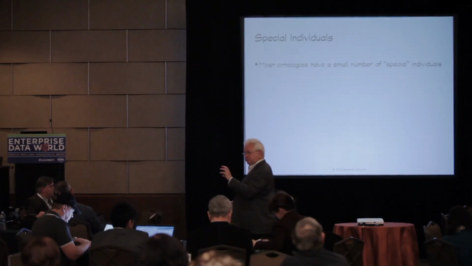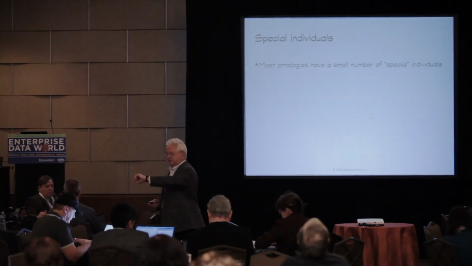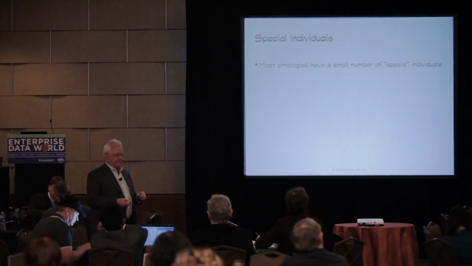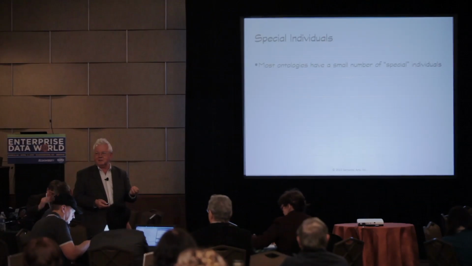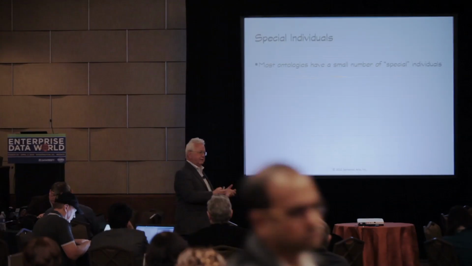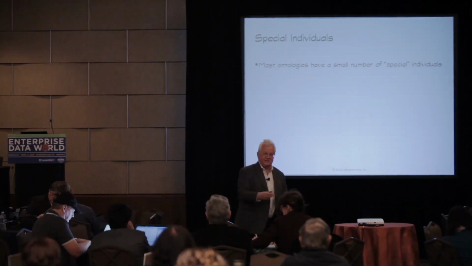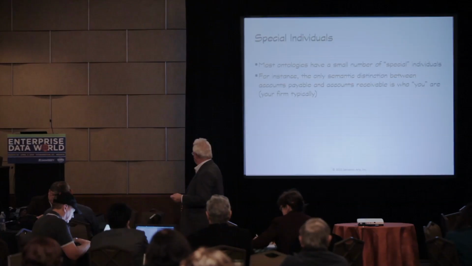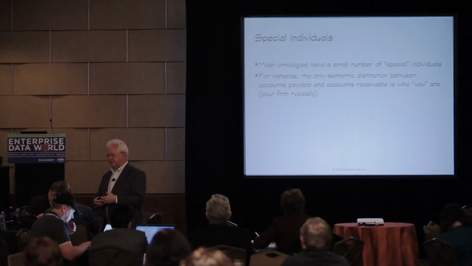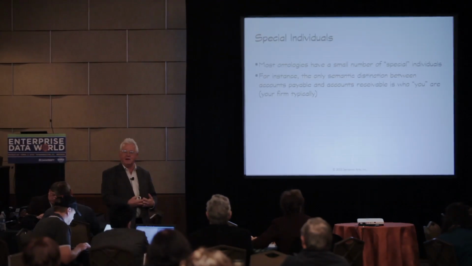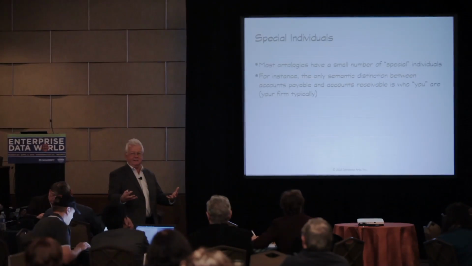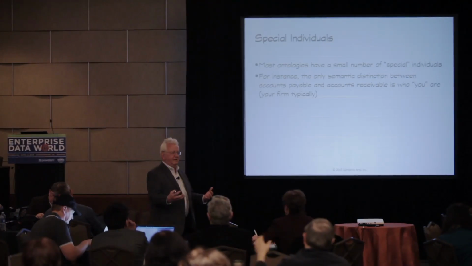When we do this, one of the things you're going to find in an ontology is there are very often what we call special individuals. An individual in an ontology is like an instance, but in most databases, one row is no more special than any other row. There are just rows of data all over the place in databases. But every once in a while, in an ontology, there's some individual that's special. Like in this case, if you ever built an accounting system, we have accounts payable and accounts receivable. But the only thing that's really different about accounts payable and accounts receivable is who you are.